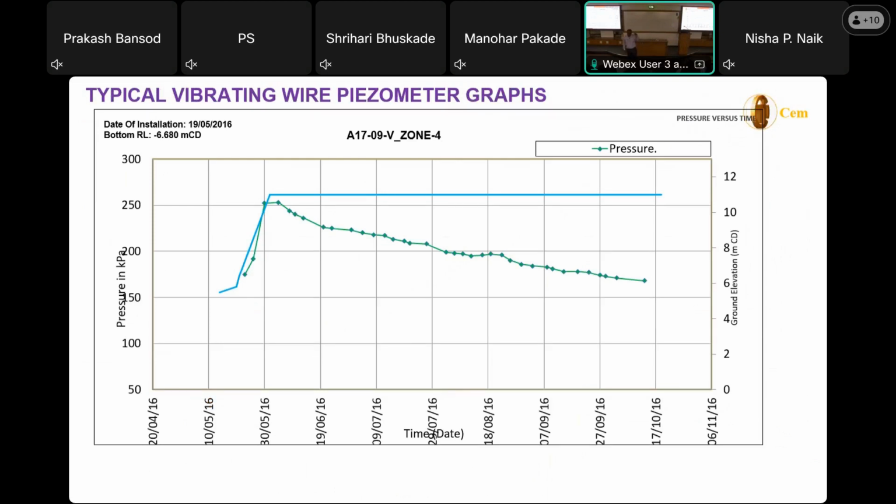Because this is a very coastal region, and every time the tides come and go. Once the tide comes, your actual water head essentially changes. Wherever the tide goes, your actual water head goes. This is not happening in natural ground where we are doing ground improvement, because the water level is almost fixed.